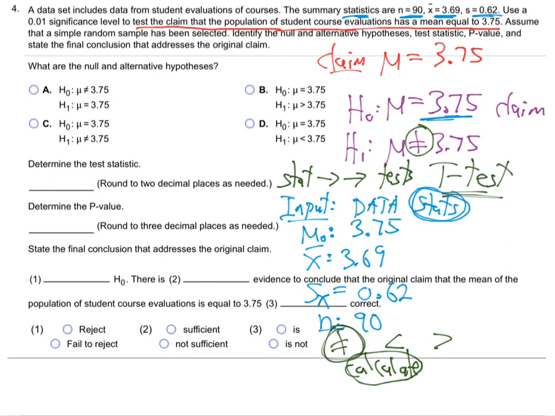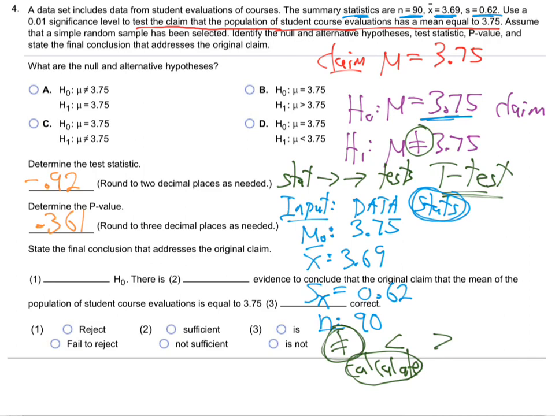So this time I got negative 0.92. Yeah, I'm with you now. Negative 0.92. The p-value, 0.361. Okay. We good to there now?